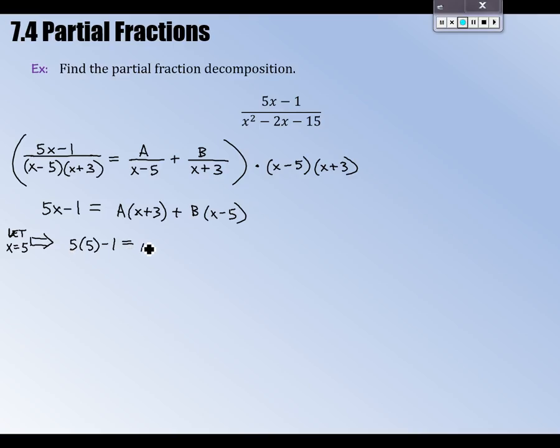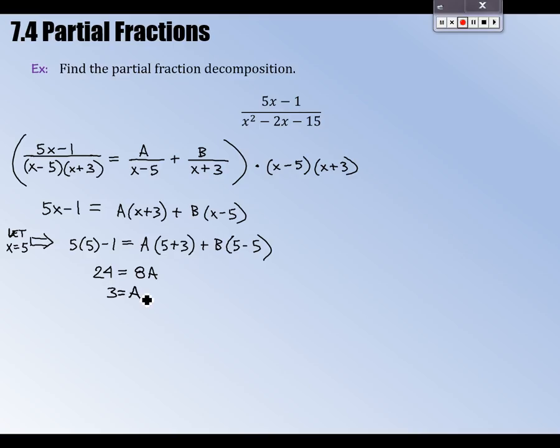And over here we get A times 5 plus 3 plus B times 5 minus 5. Reducing this equation to what it really says, we have 24 equals 8A. Therefore, A is 3.